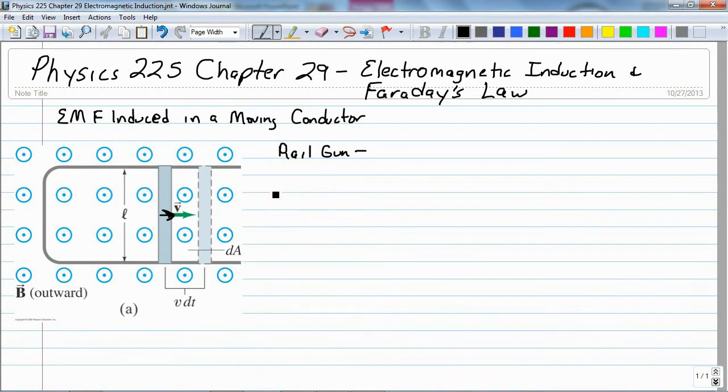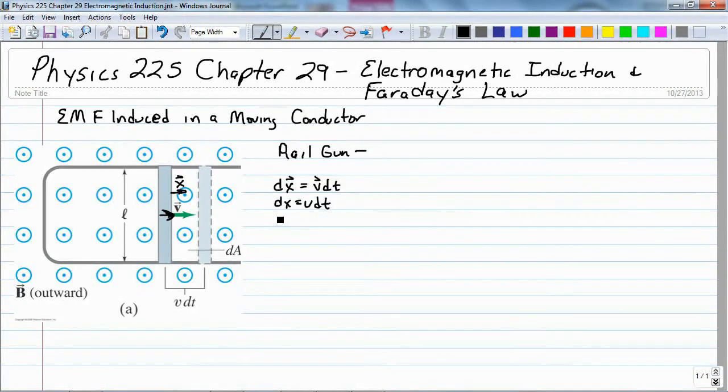And so I can write that my differential length, that would be in this direction, is going to be equal to my vector v times dt. And if we're just going to talk about quantities, then we can write just dx is equal to v dt.